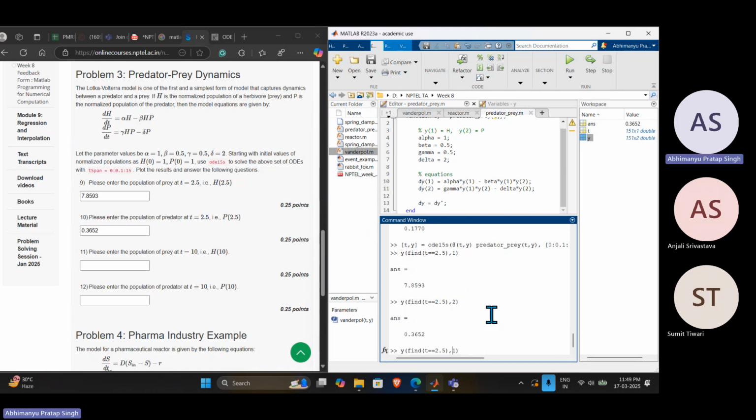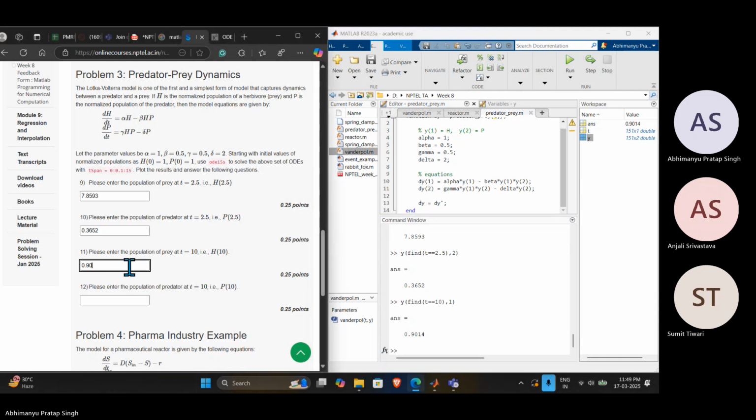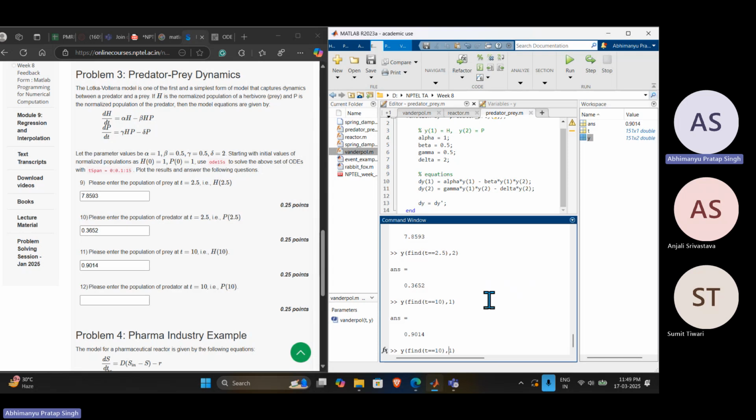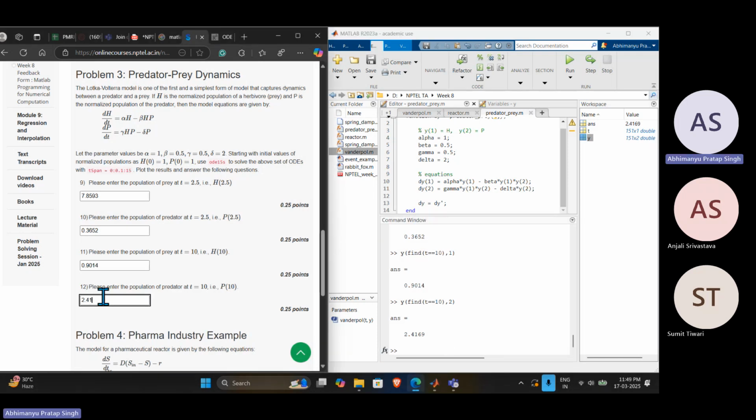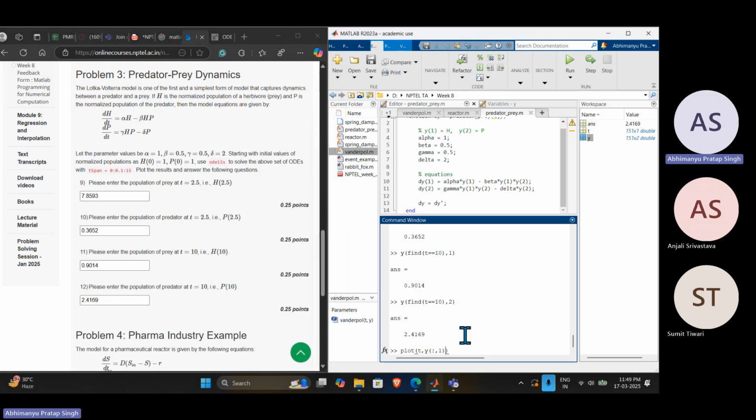So the first one at t equal to 10 seconds is 4, and this is the same thing with the second variable, 2.4169. If we look at the plot, let's just see what is there.